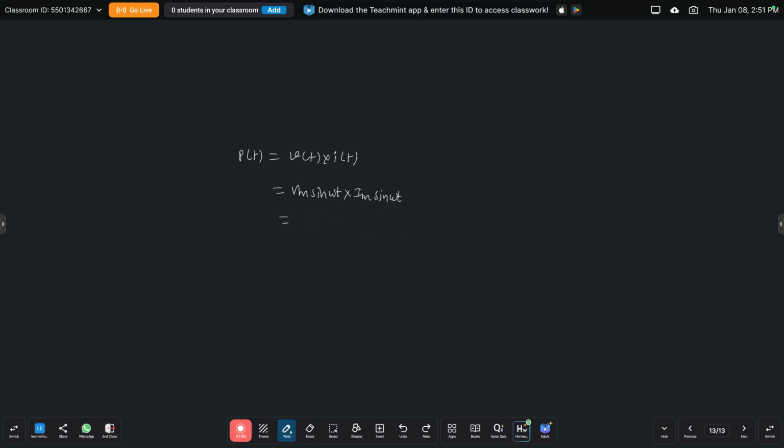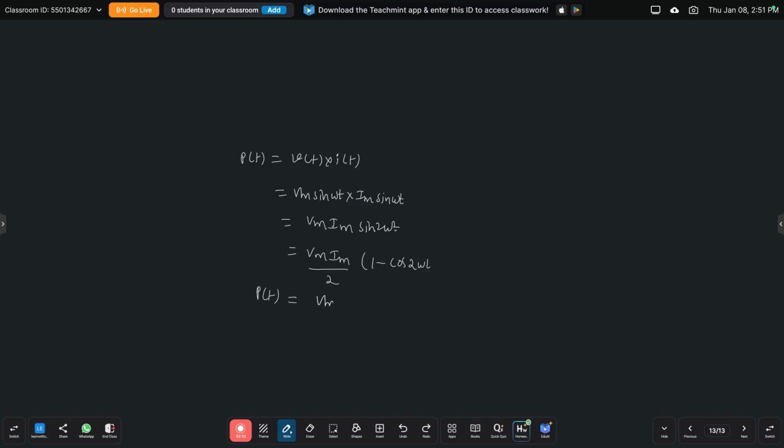You can write this as Vm Im by 2 into 1 minus cos 2 omega t. Therefore the instantaneous power p equals Vm Im by 2 minus Vm Im by 2 cos 2 omega t.